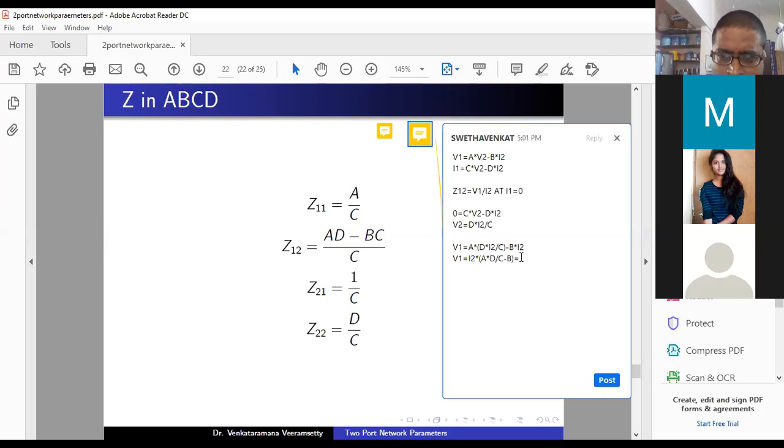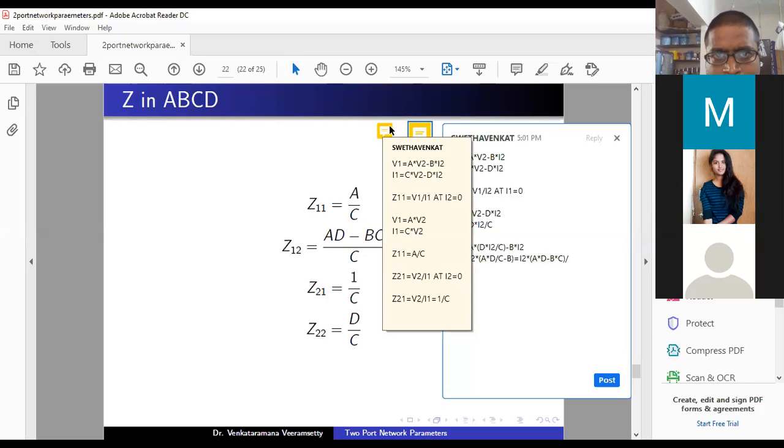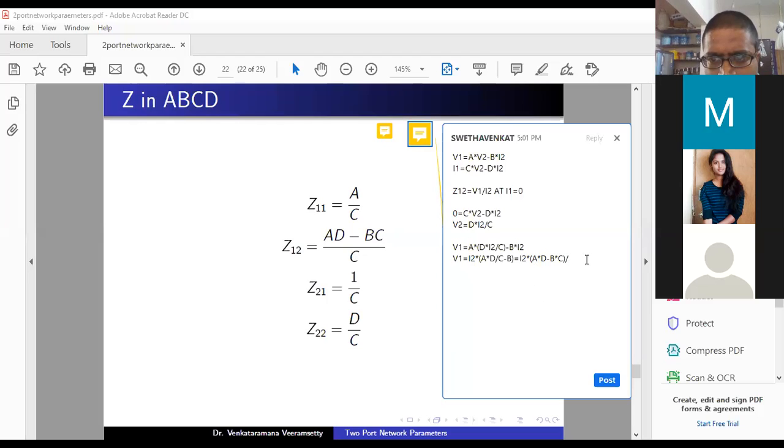Further we can simplify this as I2 into, taking the LCM, A multiplied by D minus B multiplied by C, divided by C. From the definition of Z12, Z12 equals V1 by I2.